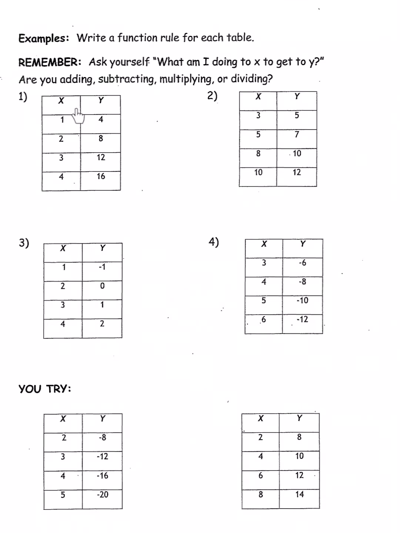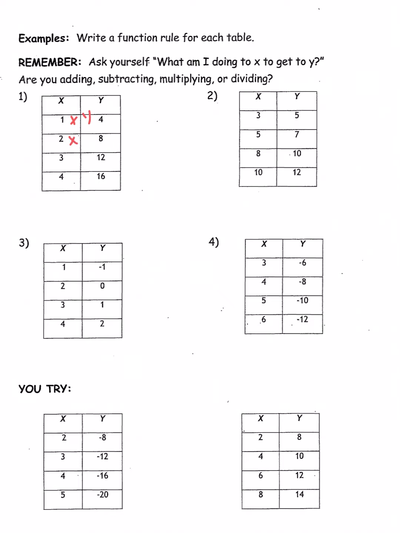So here's my first table. We have x going from 1 to 4, 2 to 8, 3 to 12, 4 to 16. So I'm noticing that it looks like they're multiplying x by 4. And then you want to see, does that work? If you multiply 1 by 4, you get 4.